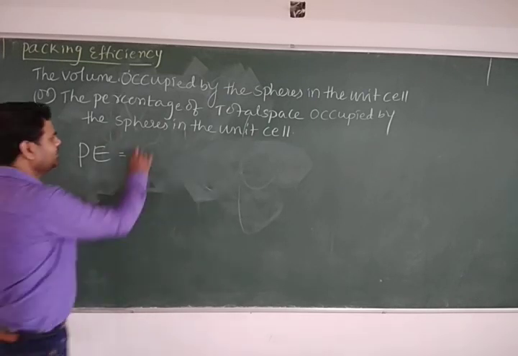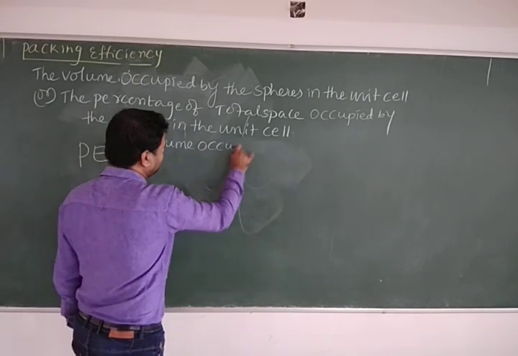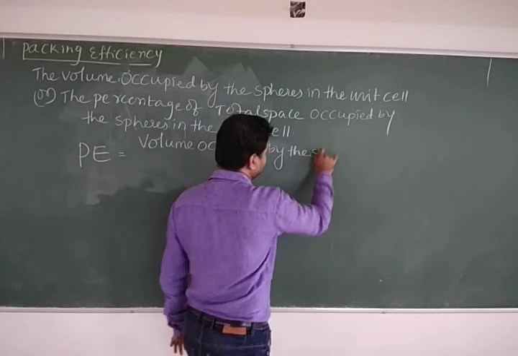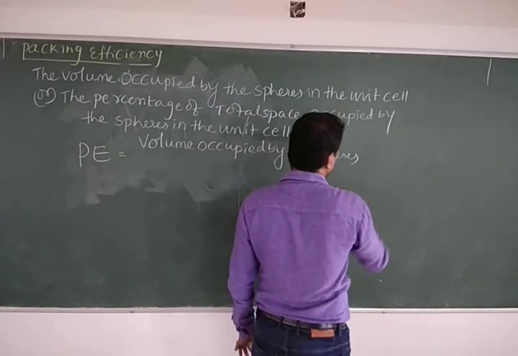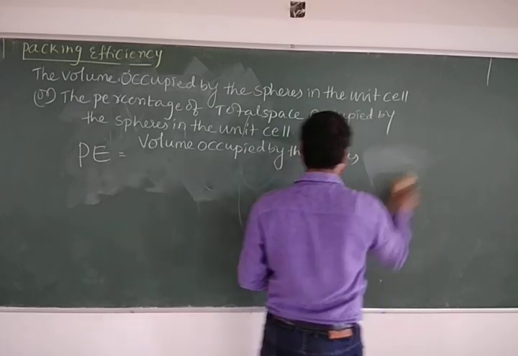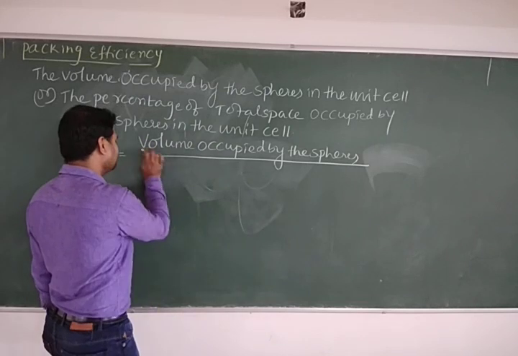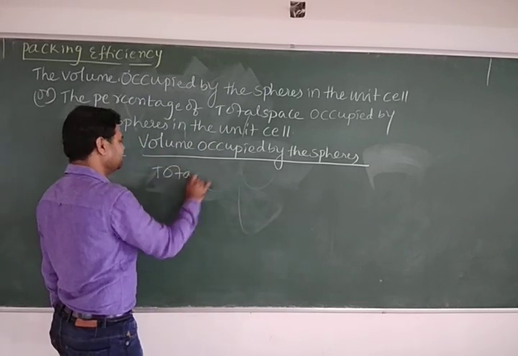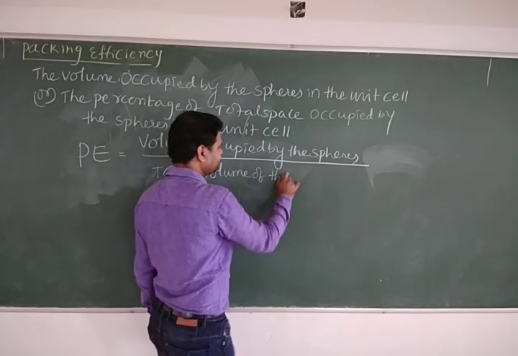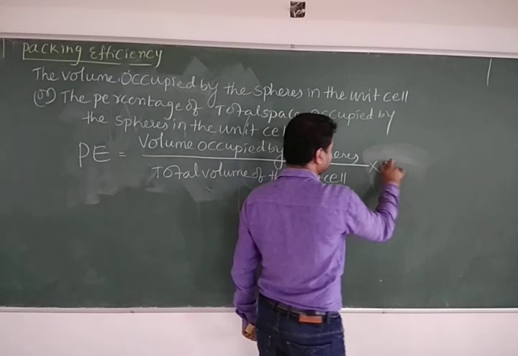The formula is volume occupied by the spheres in the unit cell, divided by total volume of the unit cell, into 100.